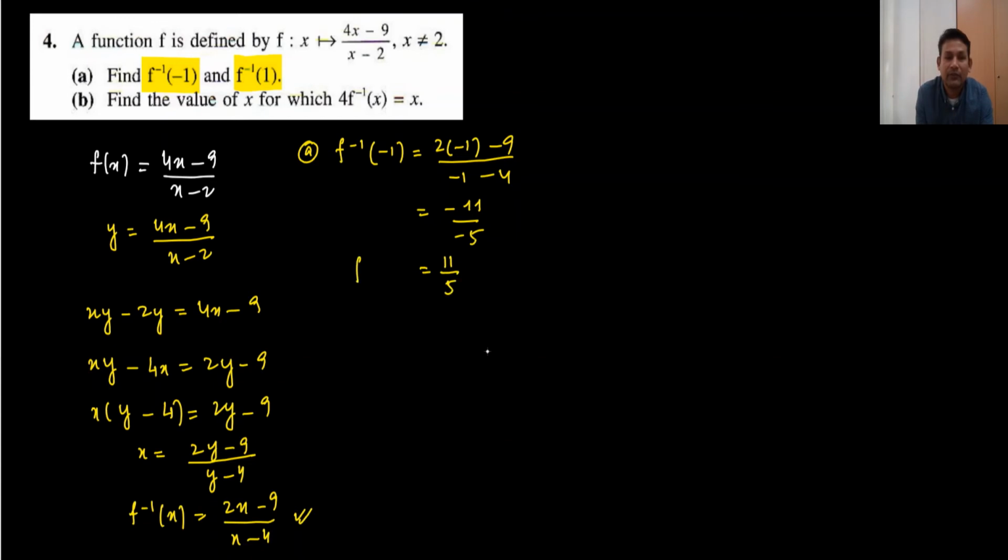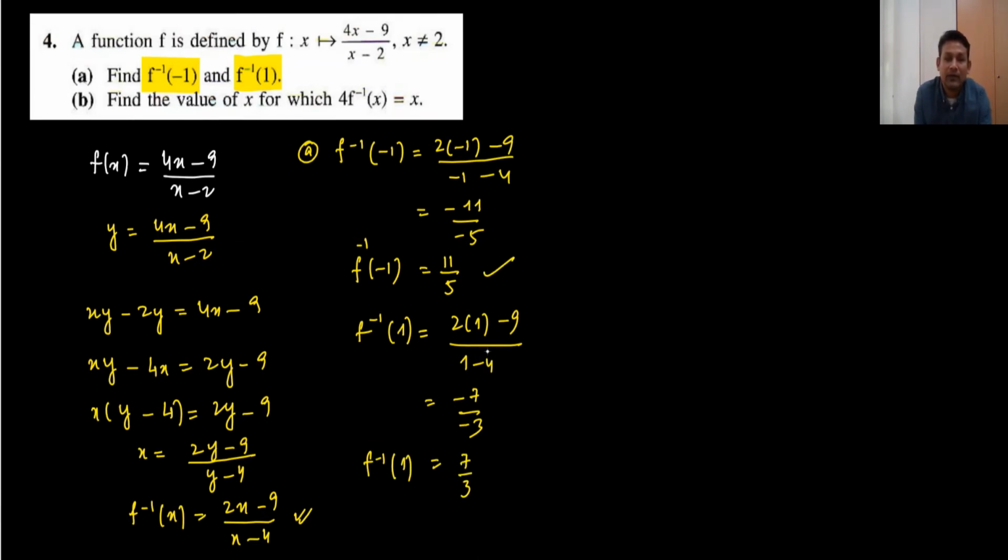So this is f inverse of minus 1. Second is f inverse of 1. F inverse of 1 means I have to substitute only the 1 in the place of x, and 1 minus 4. So it's coming minus 7 upon minus 3. So finally the f inverse of 1 is coming 7 upon 3. So two values are there.